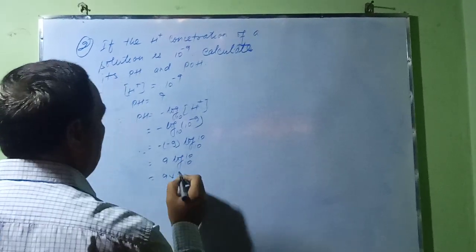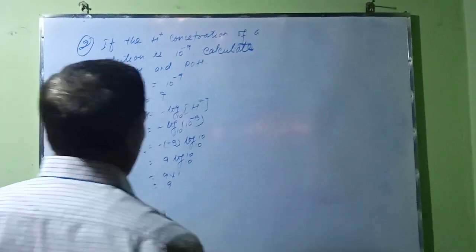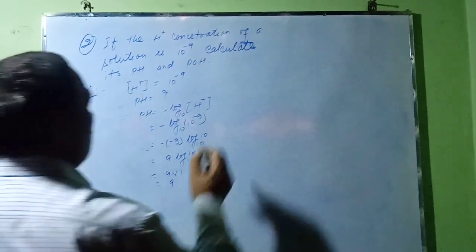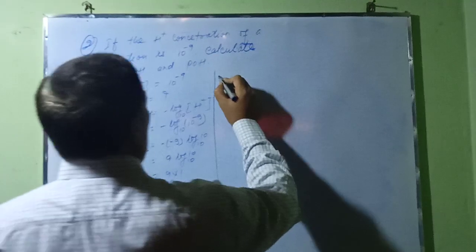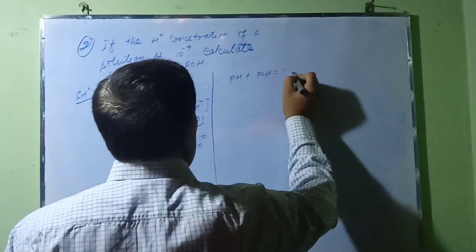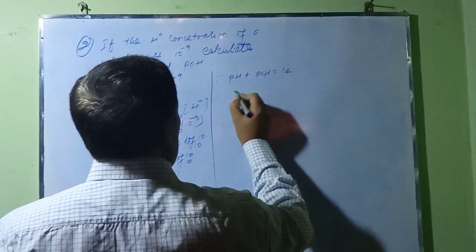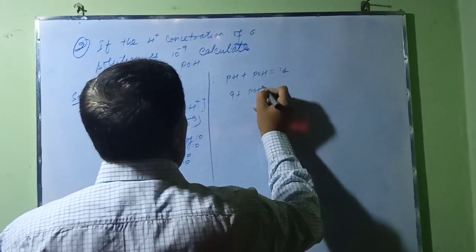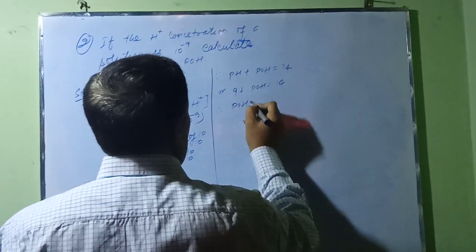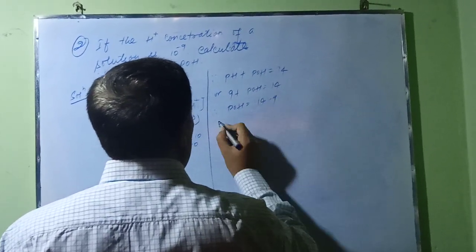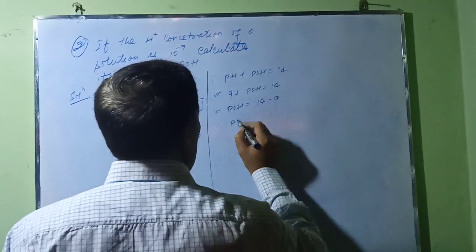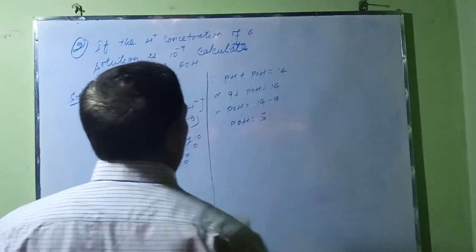The value of log 10 base 10 is equal to 1. So the pH value of this solution is 9. We know pH plus pOH is equal to 14. Putting the value of pH, 9 plus pOH is equal to 14. pOH is equal to 14 minus 9, which is 5.